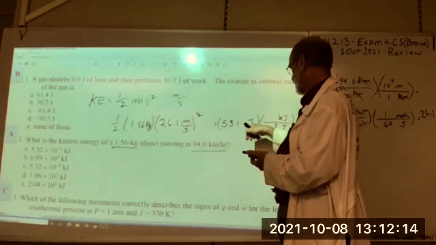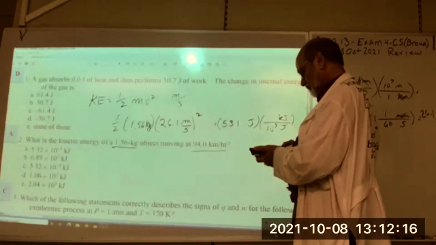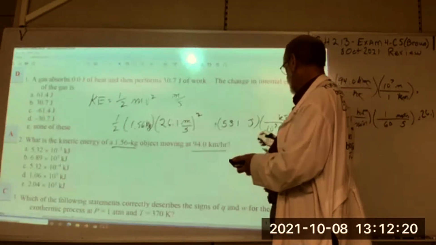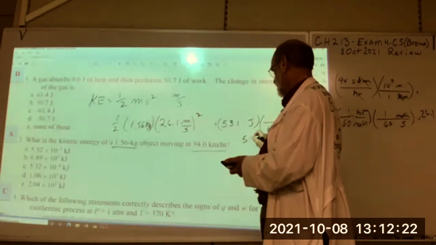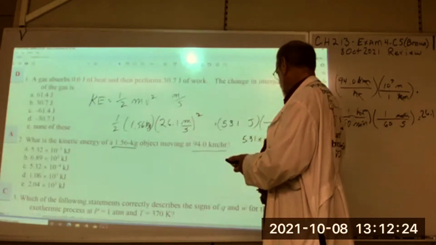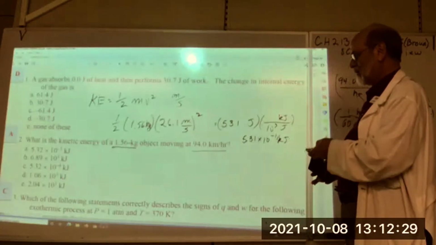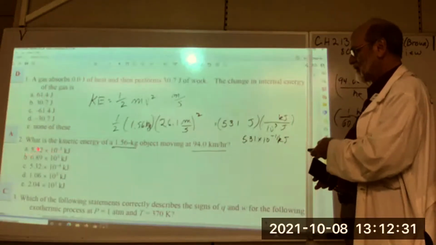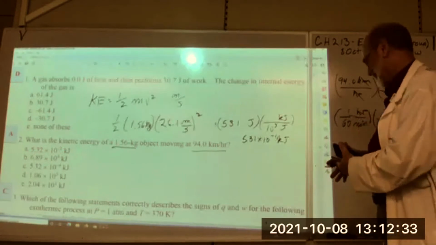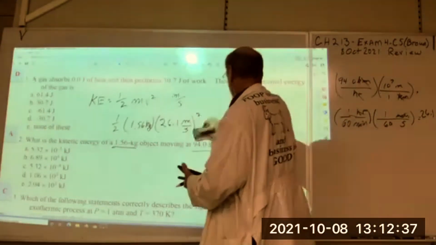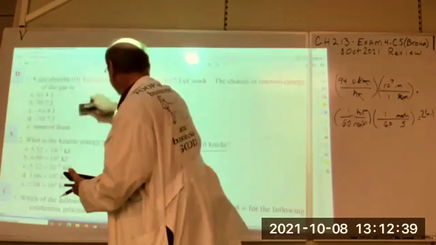Divide that by 1,000. 5.31 times 10 to the minus 1. There we go. Now, there it is. Well, that's the closest one to it. Several steps to get that one.